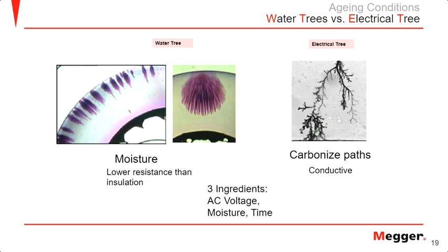Three key ingredients for this recipe: voltage, moisture, and time. Right? It doesn't develop overnight. Once the cable is in service for 5 years, 7 years, 10 years, whatever that time would be, that gives the cable that seeping moisture over time. And it has lower resistance than your insulation. So typically, that develops a stress area at that particular point.